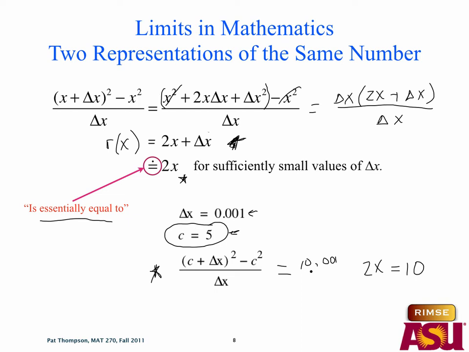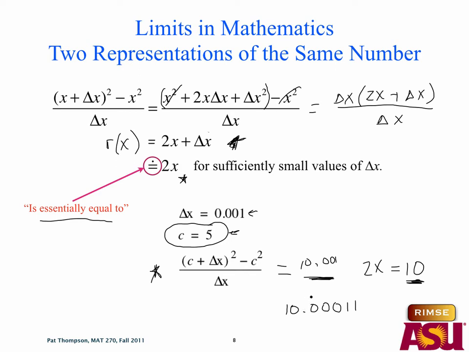Well, I want you to now think of a number in between this value and this value. Give me a number. What's a number in between? 10.00011. Okay. So this number falls in between these two values.